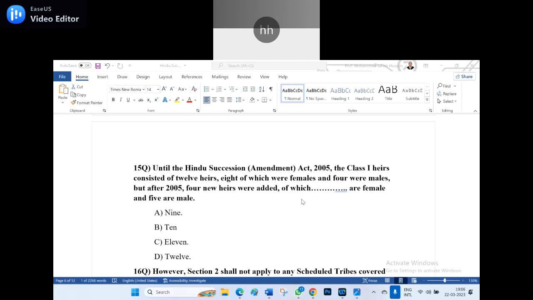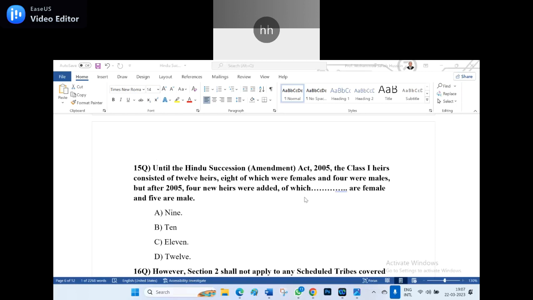Sir, A is the right answer, 9, sir. See, if you do the calculation, you can easily make it out. How many were there before? 12 heirs, 8 of which are females and 4 are males. And after the amendment, new heirs are added, of which females are 5. Means how many added female?